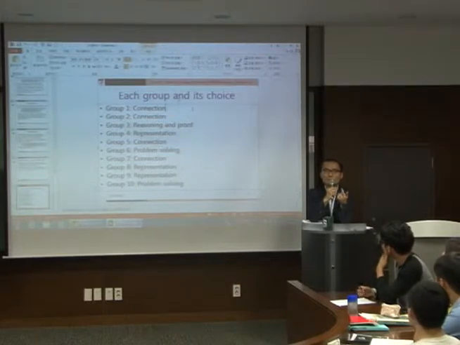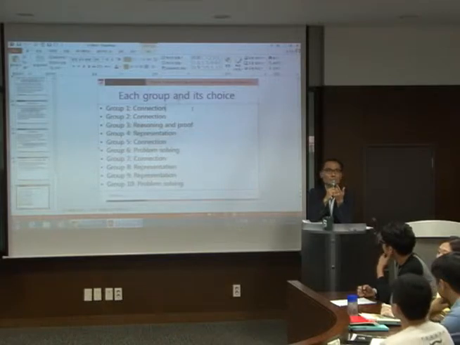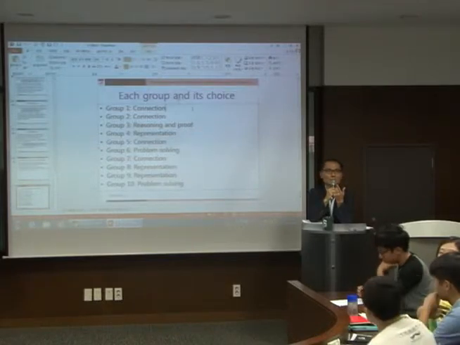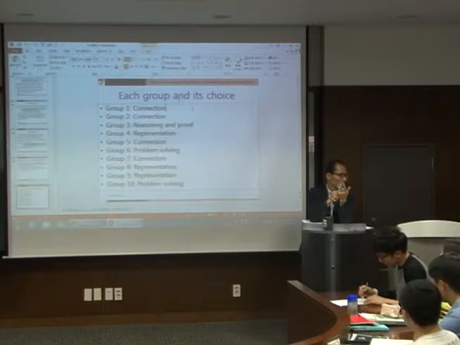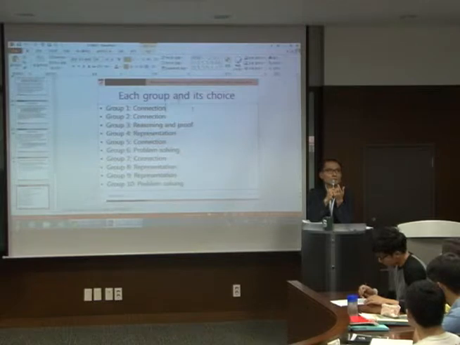Differentiation, right? 미분. And group 2, linear equation and matrix. What about group 3? Okay, sequence. What about group 4? Quadratic formula? Oh, no. Quadratic curve, right? So what about group 5? 미분. Okay.